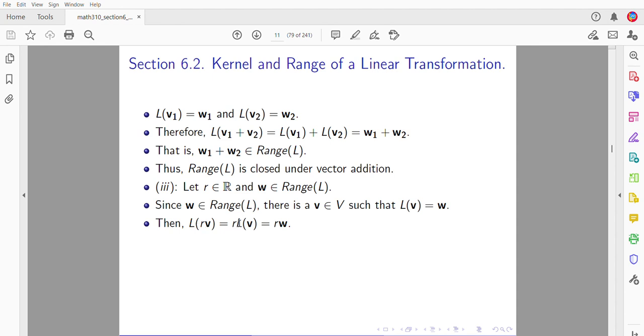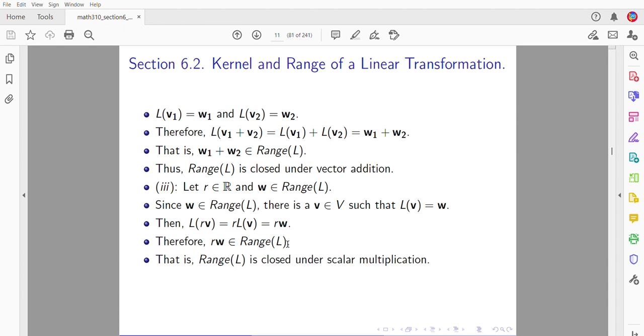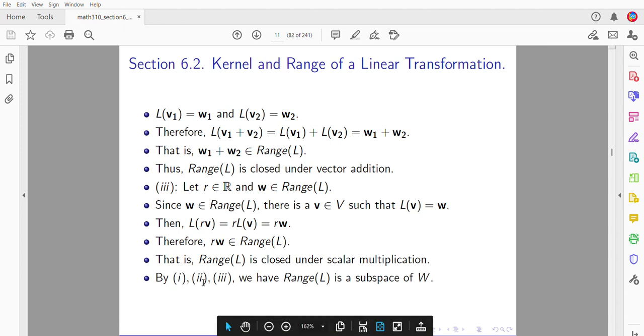R times L(V) is R times W because L(V) is W. What does this mean? R times W is in the image of L. L of somebody is RW. That's what it means to be in the range of L. That is, range of L is closed under scalar multiplication. Therefore, it's non-empty, closed under vector addition, and closed under scalar multiplication. So range of L is a subspace of W.